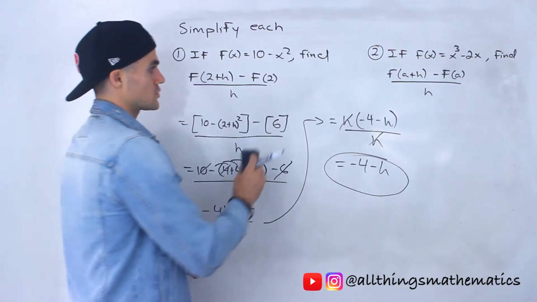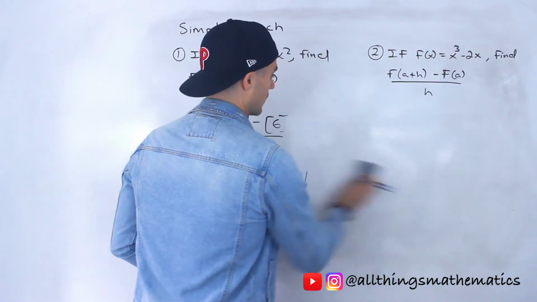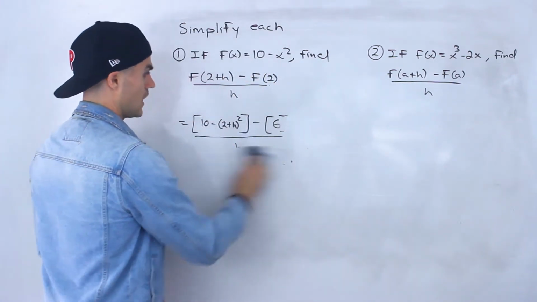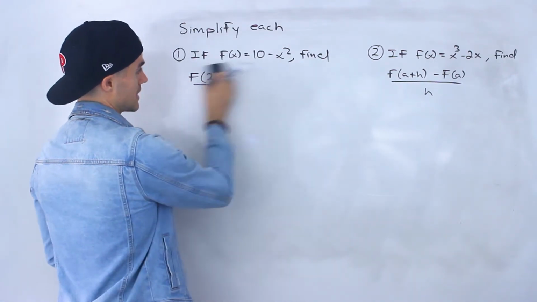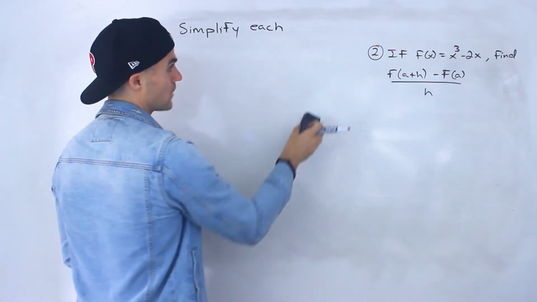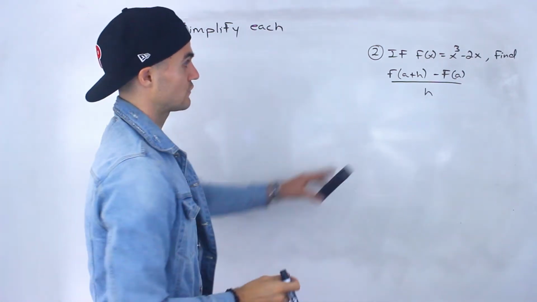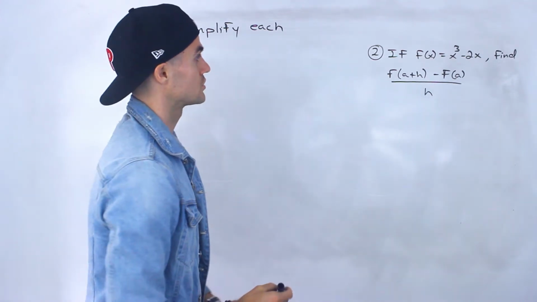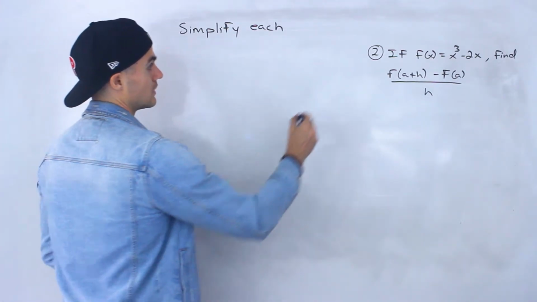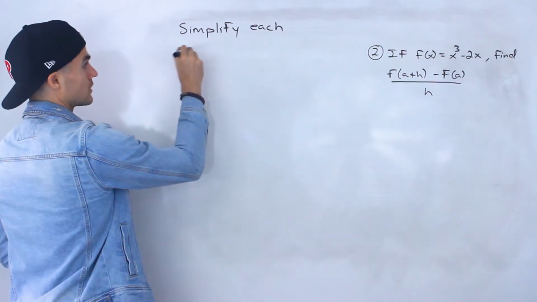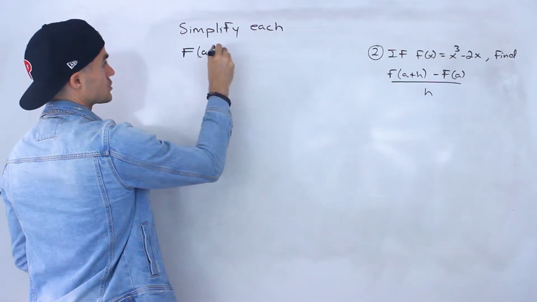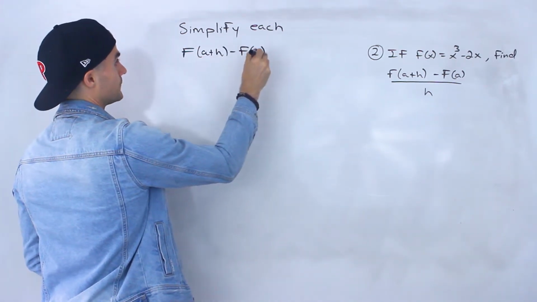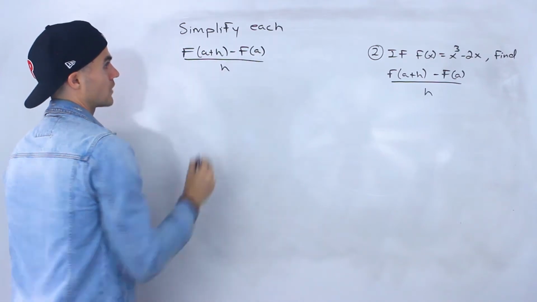Right? What about number 2? Number 2 is going to take more algebra. We've got f of x equals x to the power 3 minus 2x. And then we have to find f of a plus h minus f of a all over h. So let's write it over here. So we have f of a plus h minus f of a all over h.